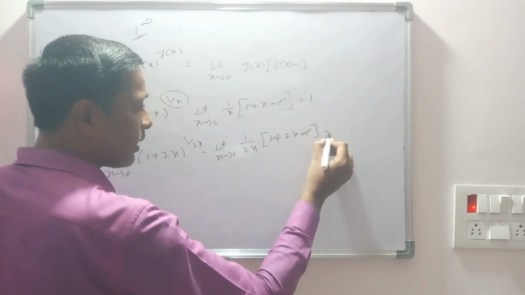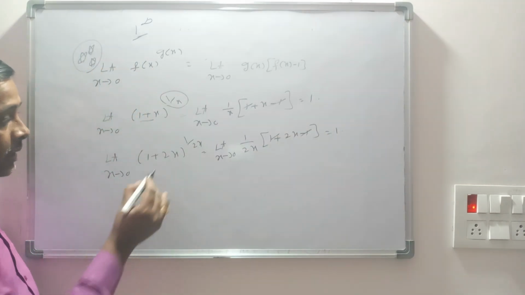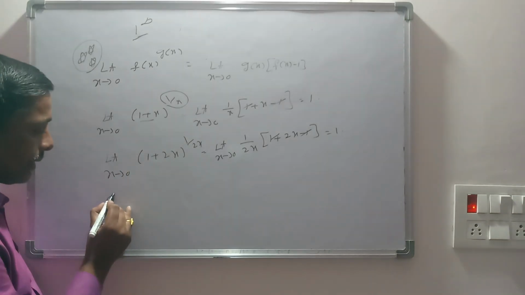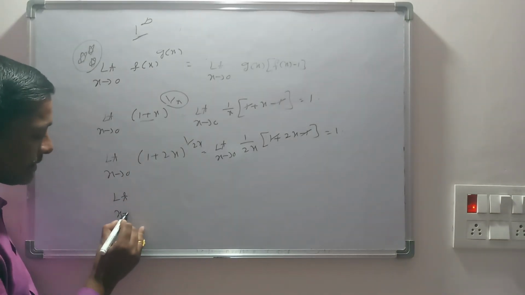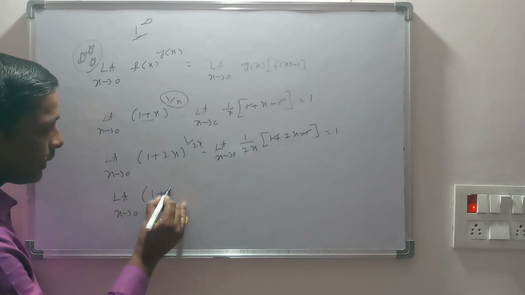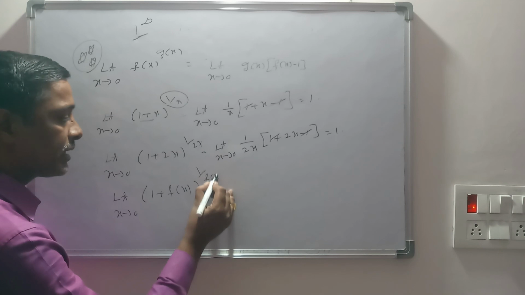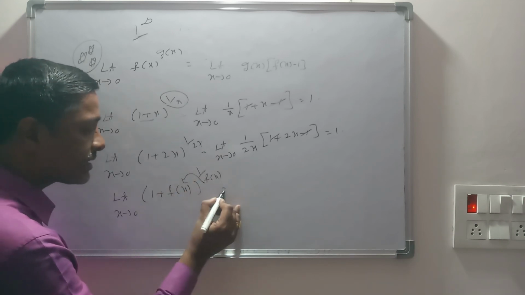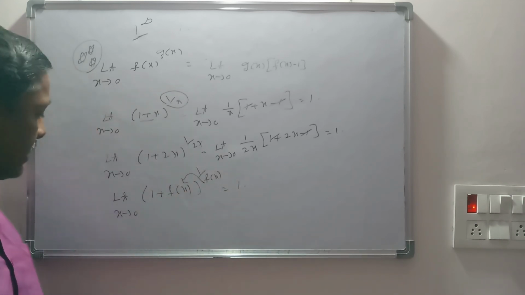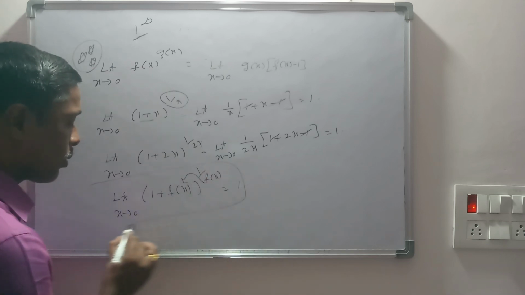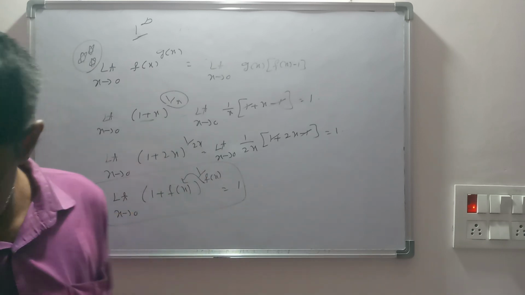The 1 gets cancelled, 2x gets cancelled, giving 1. A simple example: limit x tends to 0, 1 plus f of x whole power 1 by f of x. These two are equal, then this becomes e. Most important standard form.